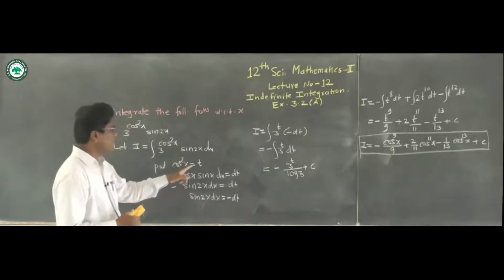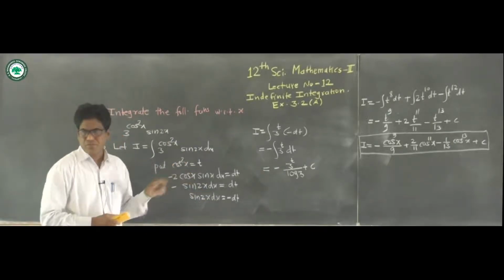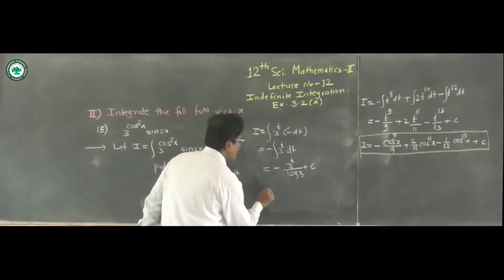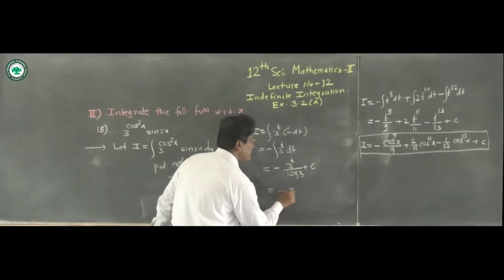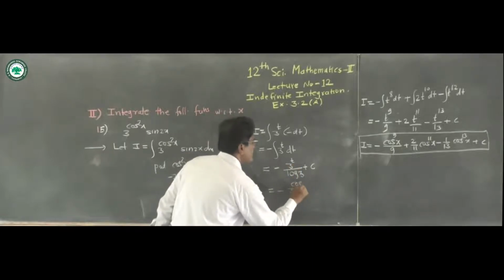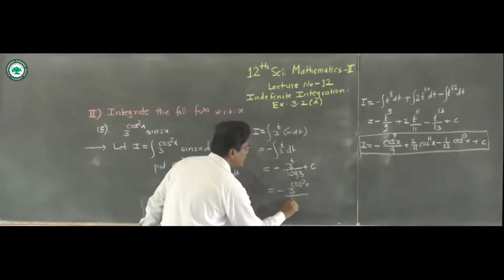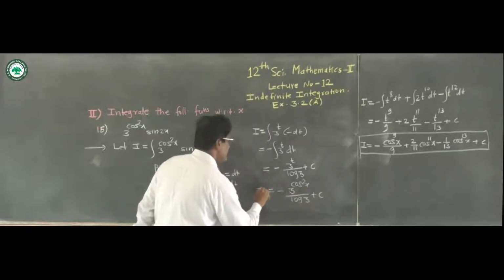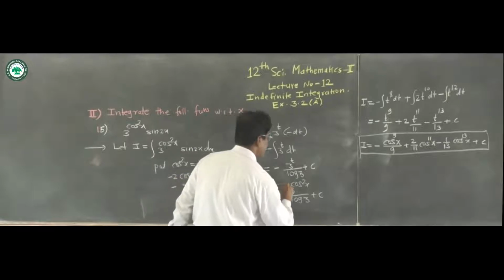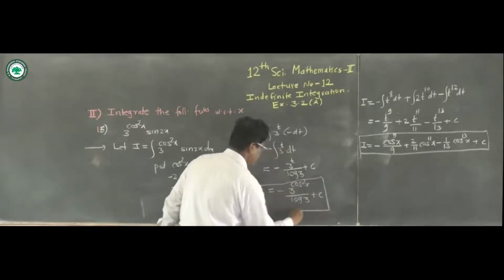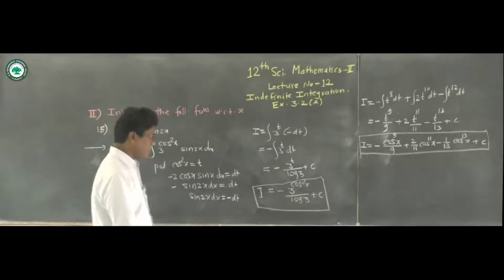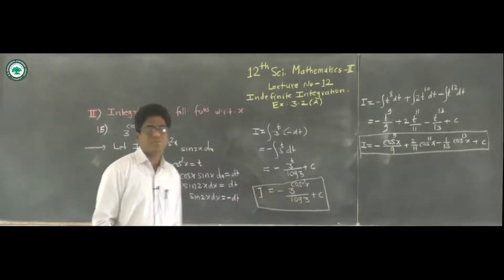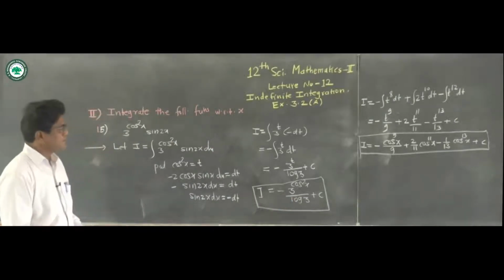Lastly put the value of t, t is cos square x. So we get minus 3 to the power cos square x upon log of 3 plus constant of integration. This is the final solution. So take the screenshot. I is equal to minus 3 to the power cos square x upon log of 3 plus constant of integration. This is the final solution.